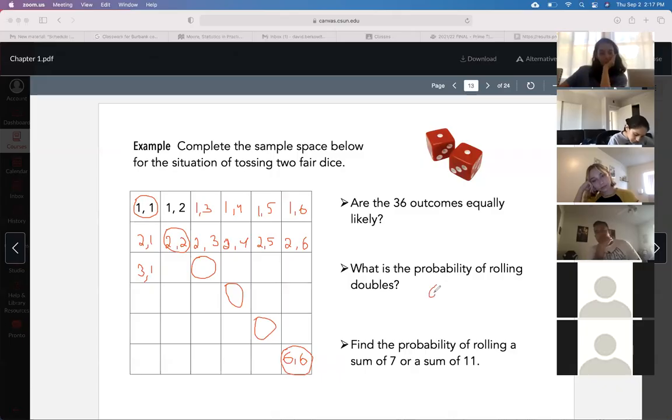So 6 possible ways of getting doubles, 36 total outcomes, equally likely. So the probability of rolling doubles would be 1 in 6. It should happen 1 every 6 times. So if you're playing Monopoly or some game where doubles get you a reward, it should occur 1 out of every 6 times.